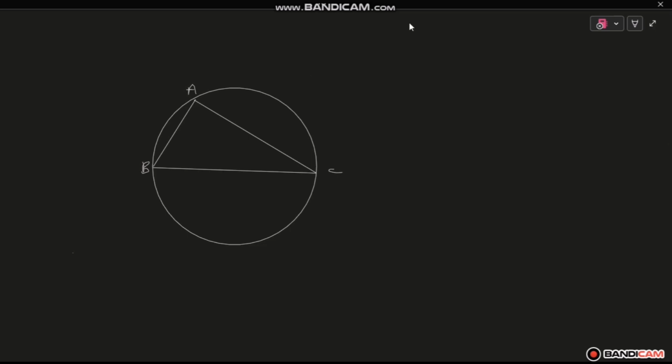Okay, we have A, B, and C. So they say that BC is a diameter. Since we know that A, B, and C must touch the circumference, what you must know, since they're saying that BC is a diameter, is the theorem that says angle in a semicircle, or half circle. So semicircle means half circle.